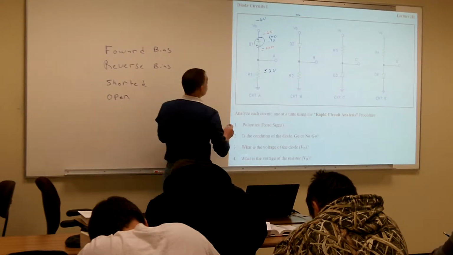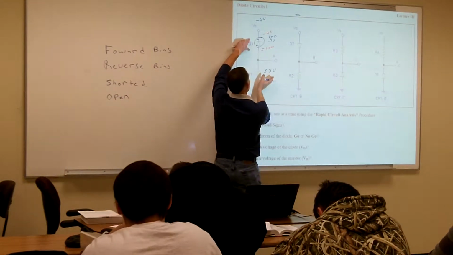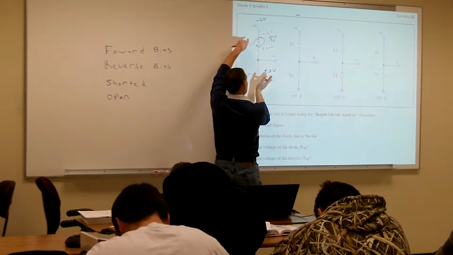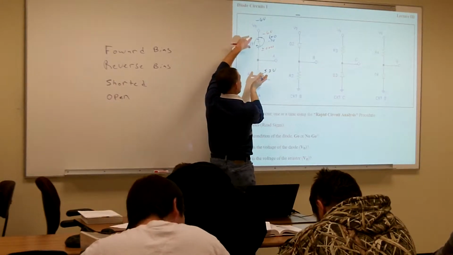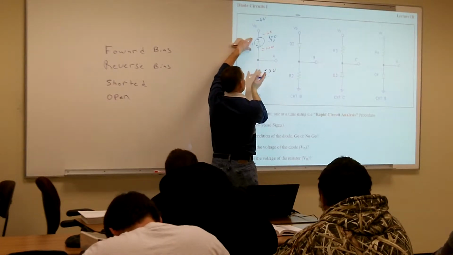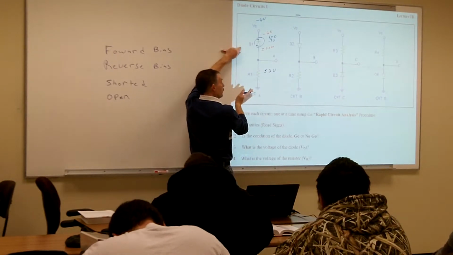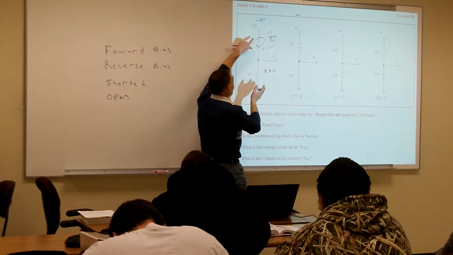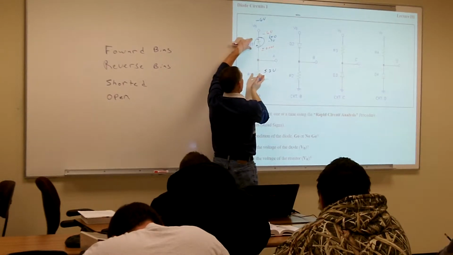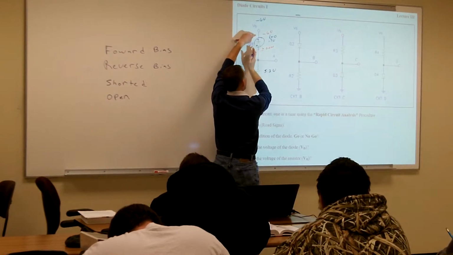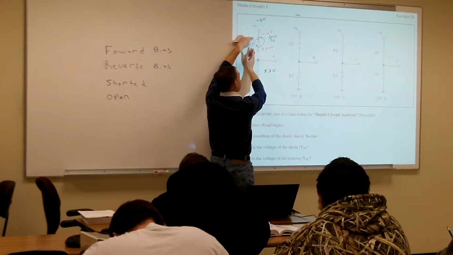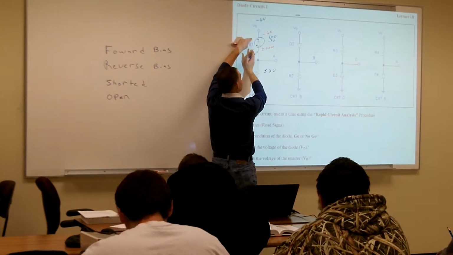The other thing I want to do, once we determine that the diode is a go, is to recognize that there's going to be current going through it. So another good step is to put in the direction of the current flow through the diode.